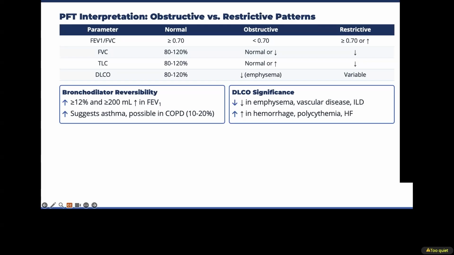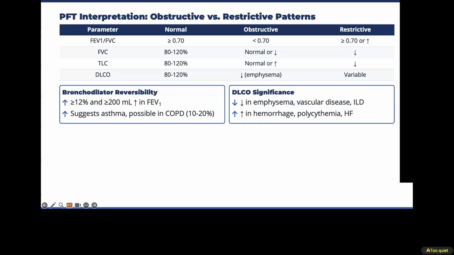It means that the patient can inhale normally, but exhalation is slowed. The airways are narrowed or collapsed. Now, if the ratio is normal or high, you need to think restriction. The lungs can't expand fully, so total capacity and flow are both reduced proportionally. In obstruction, the FEV1 to FVC ratio is low.